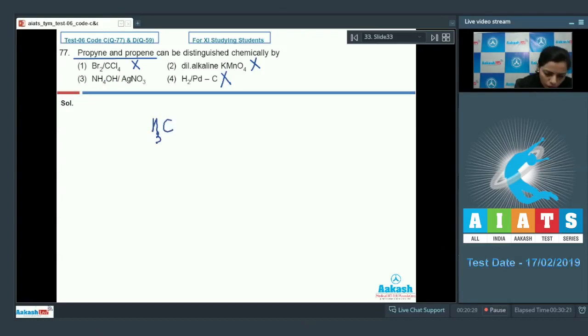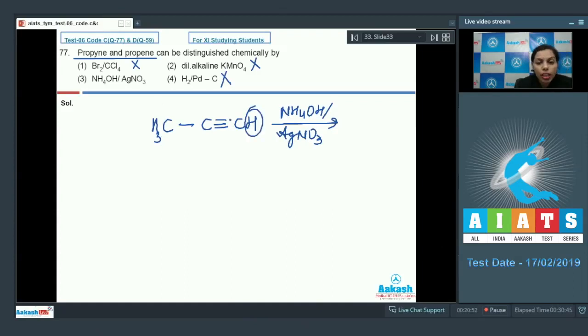If we talk about propyne, this is this type of compound. While you add the reagent to it, this H being acidic hydrogen, it will form this product.